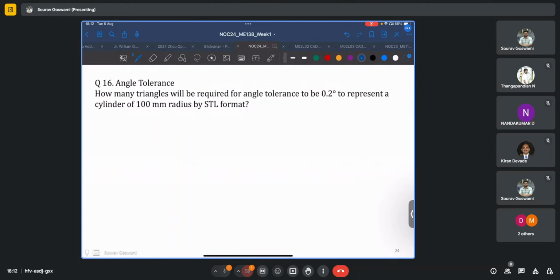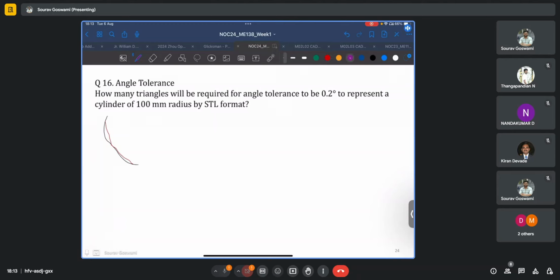Just like this was a geometric or a deviation tolerance, we also have a numerical on how many triangles will be required for angle tolerance to be 0.2 degrees to represent a cylinder of 100 mm radius by STL format. And I would just like to give a recap of what angle tolerance was. So, say this is some curve that is being represented, and these are the edges of two consecutive triangles.